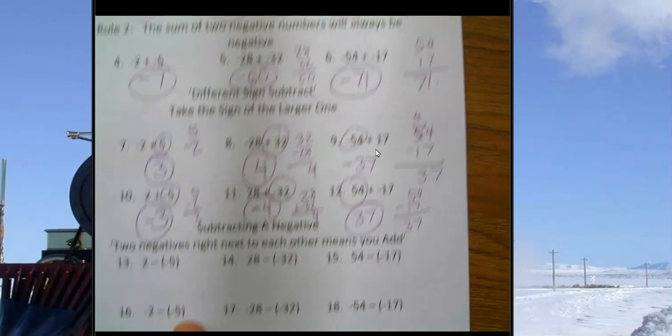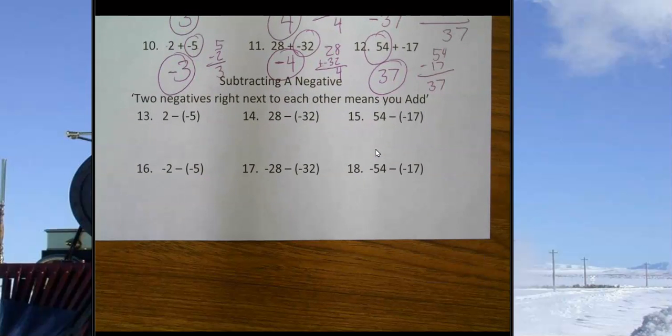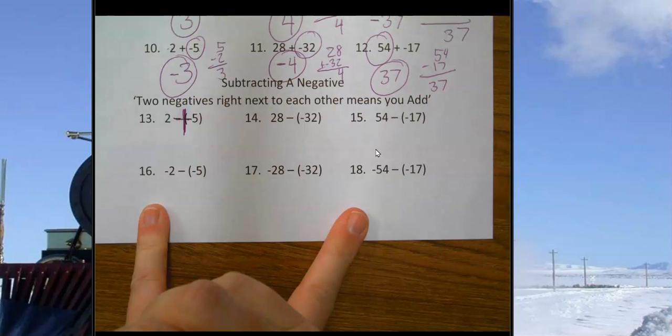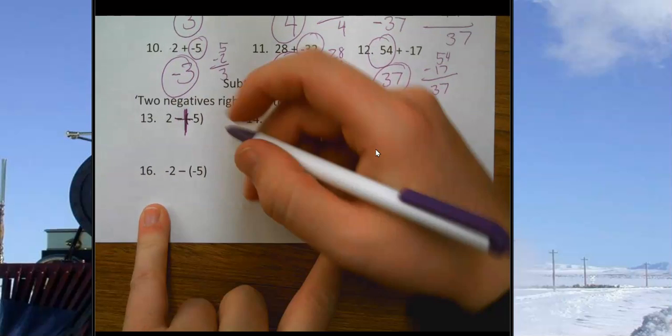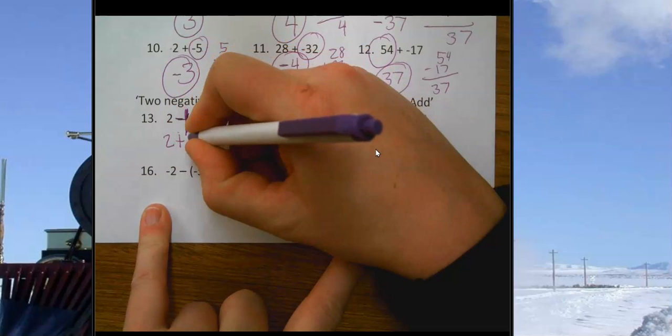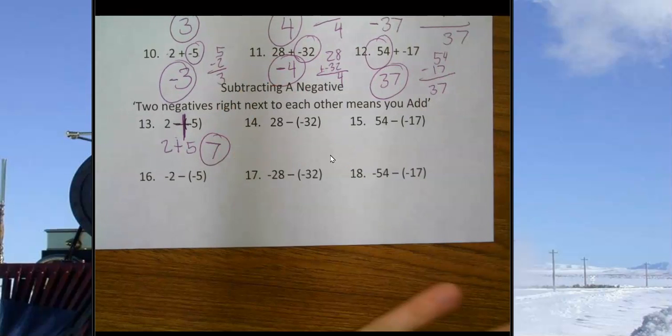Okay, now the last one was probably the one we missed the most on our test when we did this unit. It's two negatives right next to each other, which means you add. So two negatives make a positive. We can either think of it as a giant plus sign here with the parentheses, or you can think of it as 2, change the minus to a plus, change the negative to a positive. And when you change the negative to a positive, you get a 7.